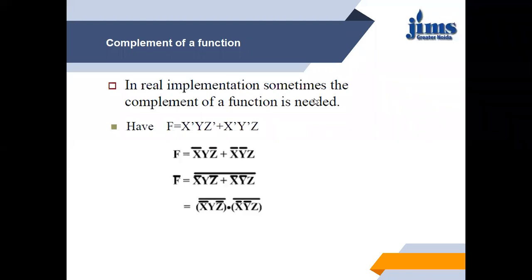Now again we apply De Morgan's theorem to the first bracket, and it comes to be x bar bar, this AND gate is replaced by OR gate, or y bar, and again OR, then z bar bar. So x bar double bar equals x, and z double bar equals z. Similarly here again.